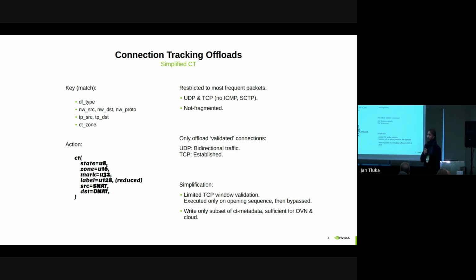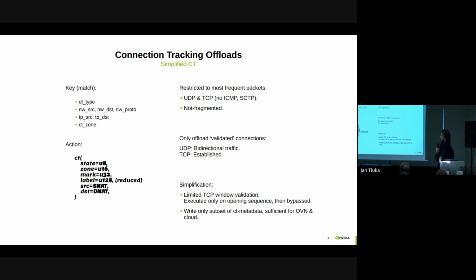The idea is that we will keep all the remaining complexity in software, while in hardware we will keep only the very simplified version. So to start with, we only offload UDP and TCP protocols. We also do not support fragmented packets. We do not support reassembly. We will only do that in software.